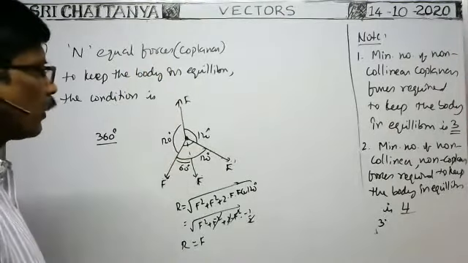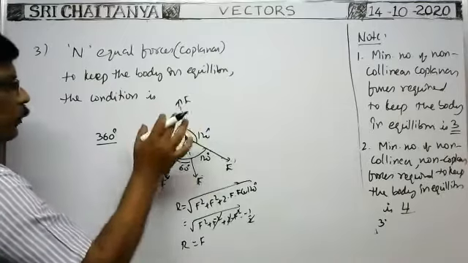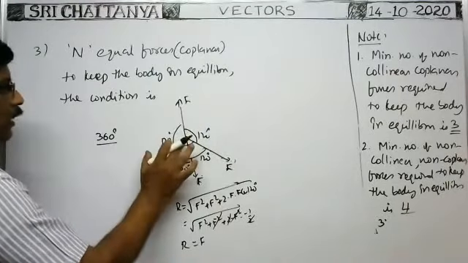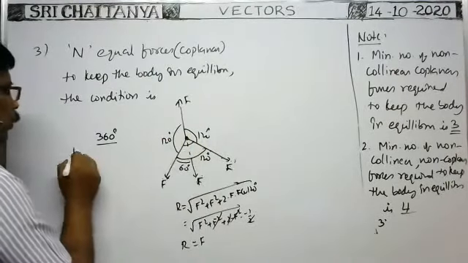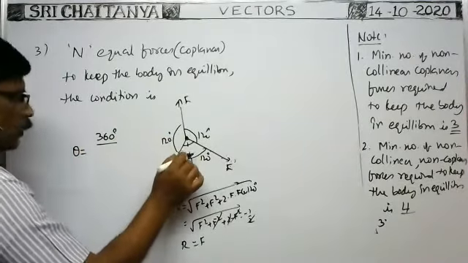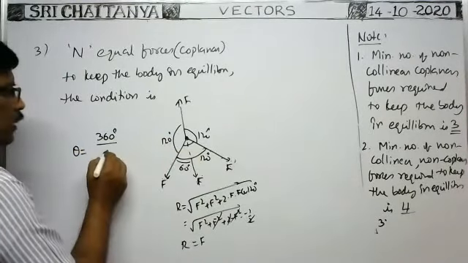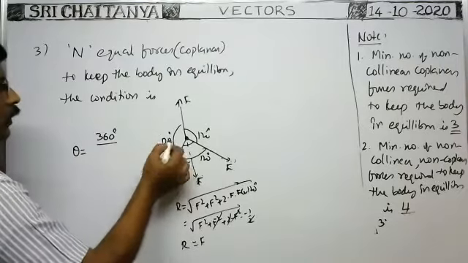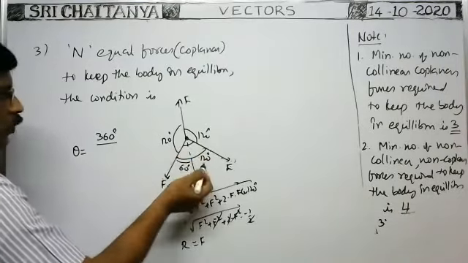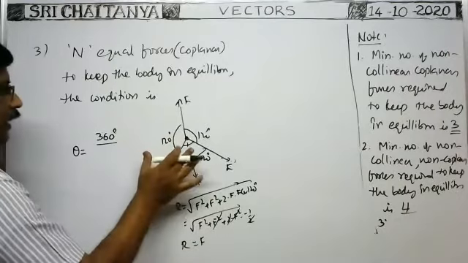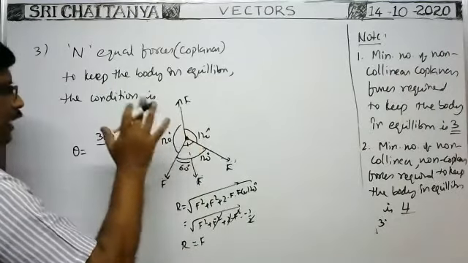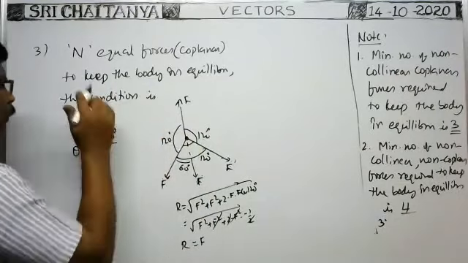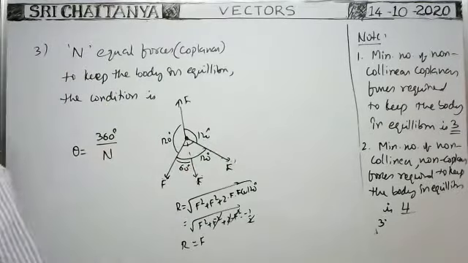Similarly, what is the condition? Whenever three coplanar equal forces keep the body in equilibrium, the angle between any two adjacent forces must be equal to, you see, three forces are there, 360 by 3 means 120. So the angle between any two adjacent forces is 120 now. As it follows the condition, these three forces keep the body in equilibrium. Suppose n forces are there, 360 by n.